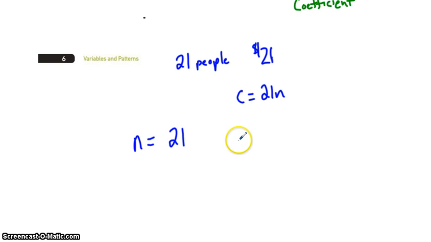So now I'm going to substitute in my equation 21 for N. So that would be 21 times 21.